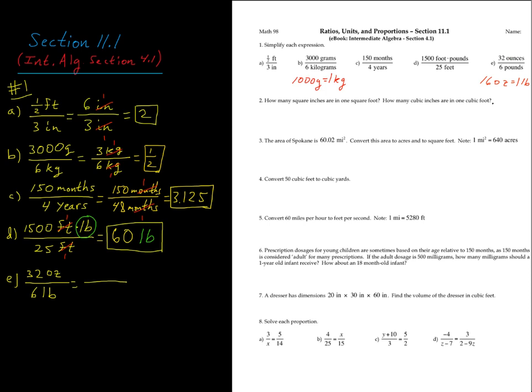So I can write this as 2 pounds, and then I'm dividing that by 6 pounds, and again we see the units of pounds drop out, and we're left with, in this case, just 1/3. Alright, great. That's going to do it for this problem. I will see you next time.